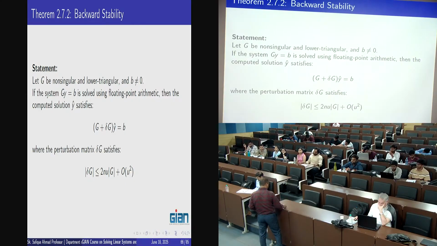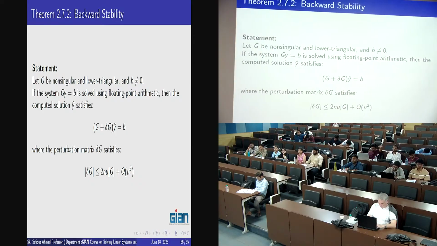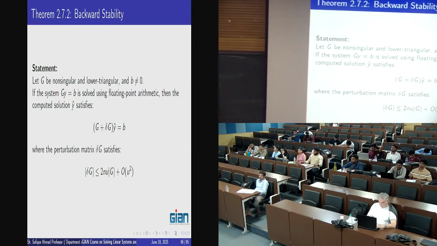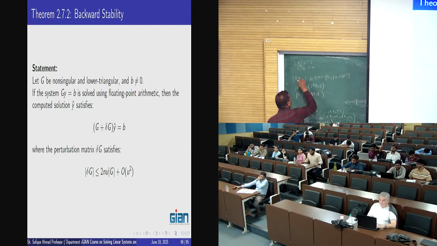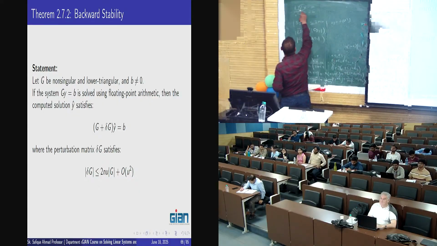Once you have solved Gy equal to b, we have seen LUx equal to b, and here L is this G matrix.